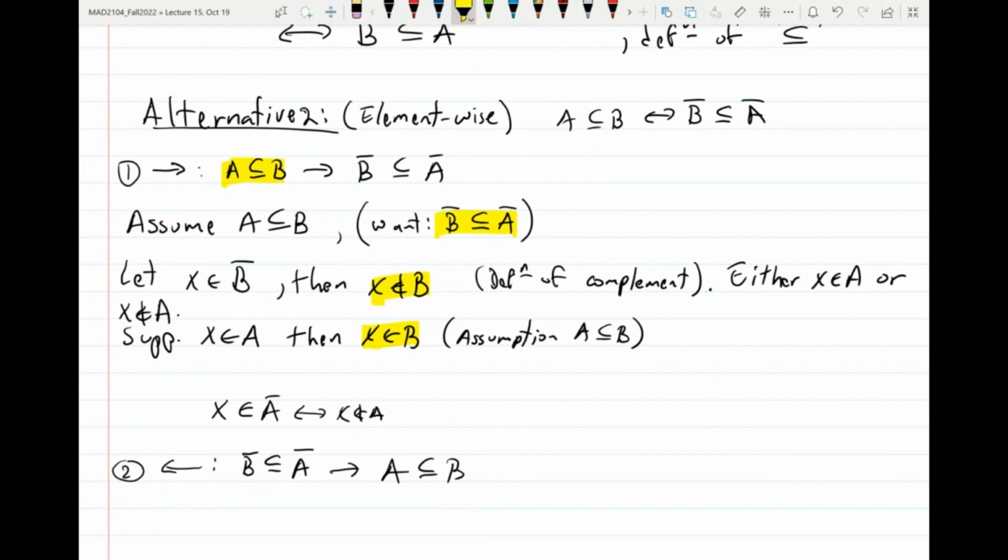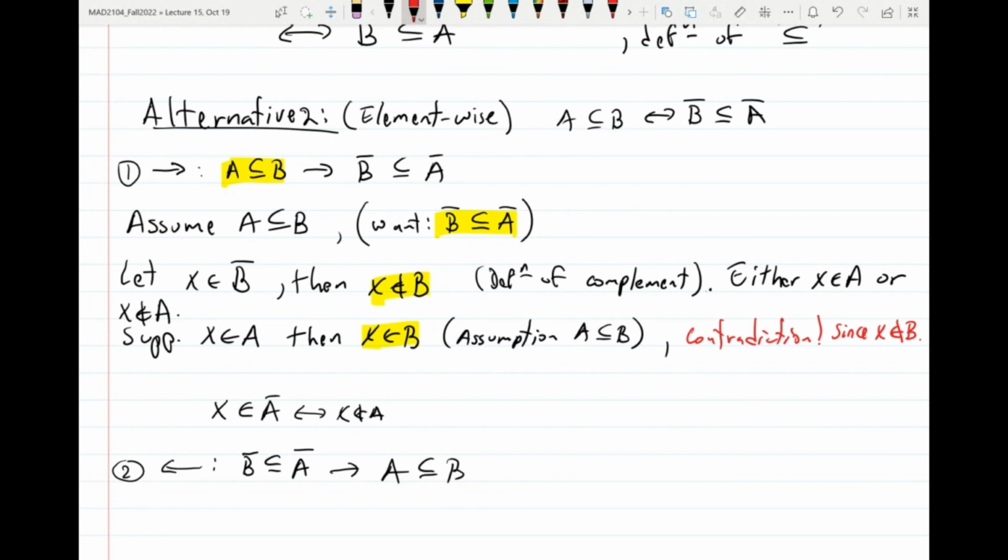So suppose X is in A, then X is in B. That was the assumption. But hey, this is a contradiction, since we know that X is not in B. So that means we got to something that's false. In other words, this assumption that X is in A doesn't work. This is a false statement because it leads to a contradiction. So what must happen is the opposite.